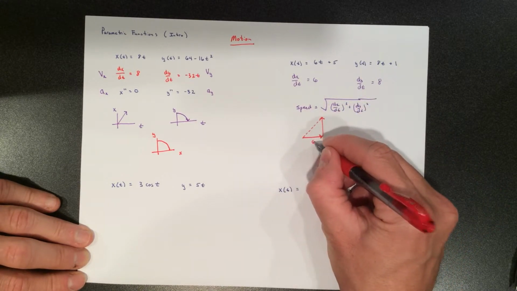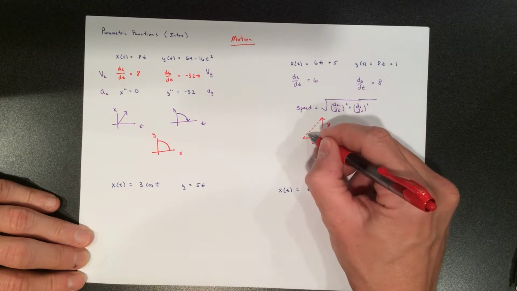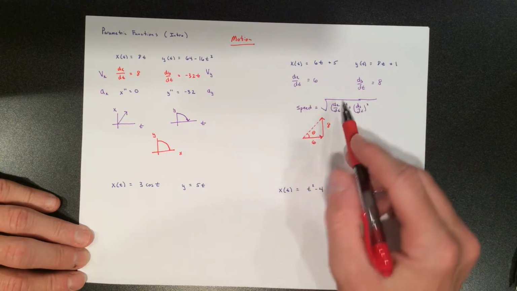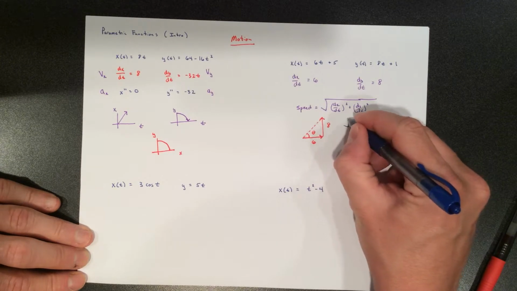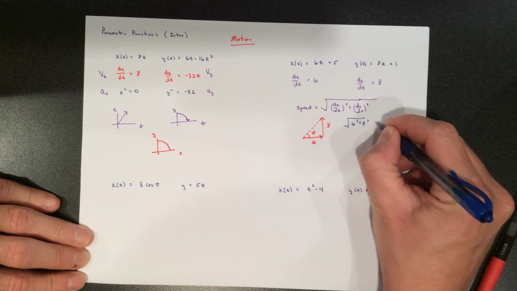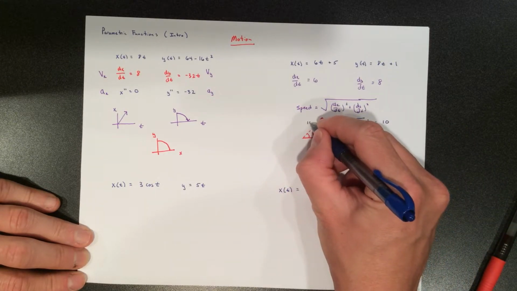If you're going 6 that way and 8 that way, aren't you really going along the dotted line? And it has some angle associated with it. We can use the Pythagorean theorem. All this is saying is to find your speed, take the square root of 6 squared plus 8 squared, which is 10, because it's a 3, 4, 5, that's 6, 8, 10.